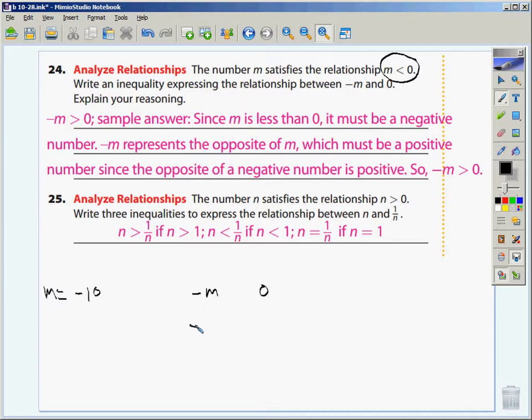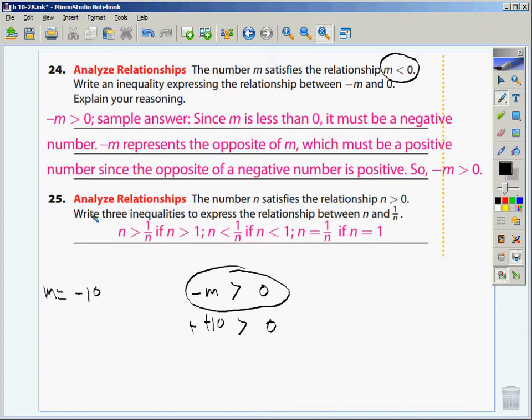So they're saying a negative 10 compared to 0. But what's a negative negative? A positive. This would be greater than. So a negative m, if m is less than 0, will always be greater than what? Than 0. That's what they're saying. If m is negative, then a negative m has to be greater than 0.